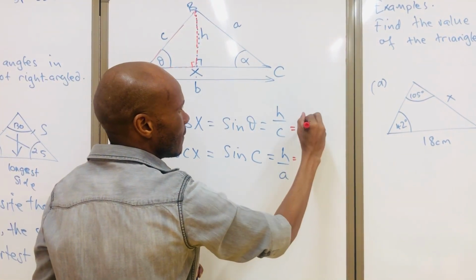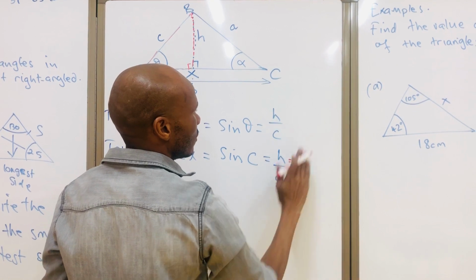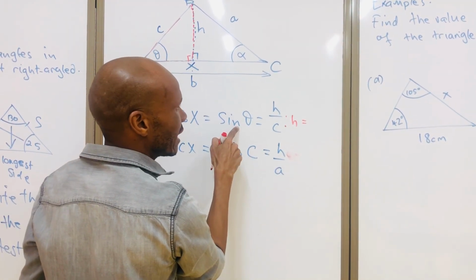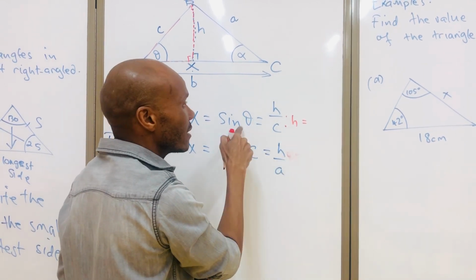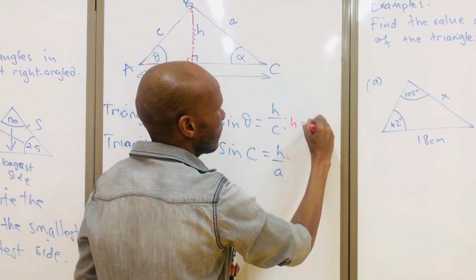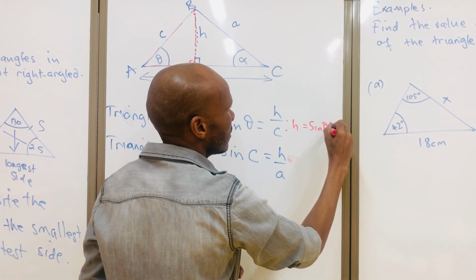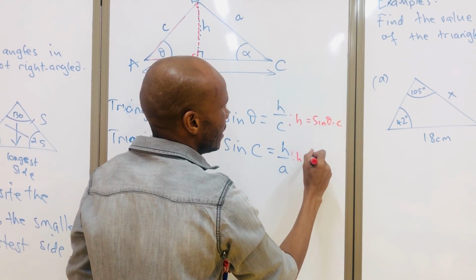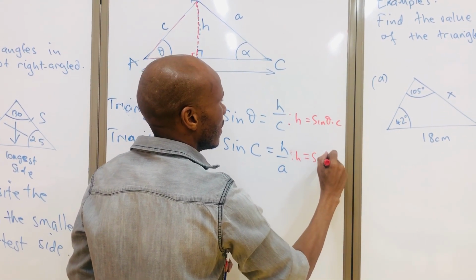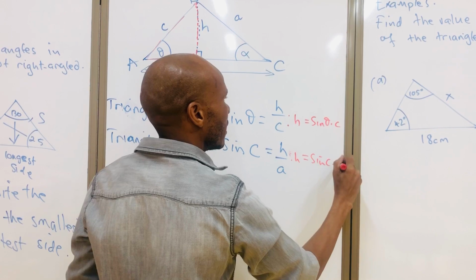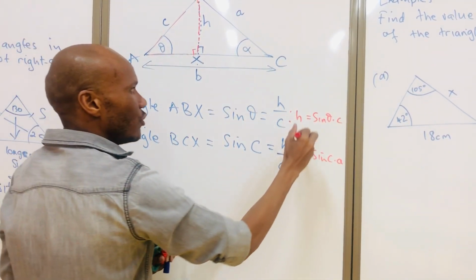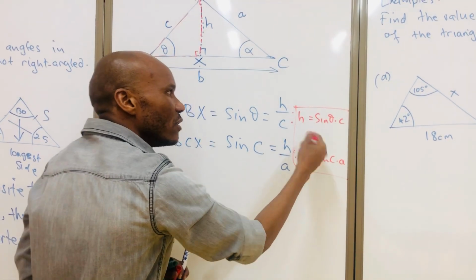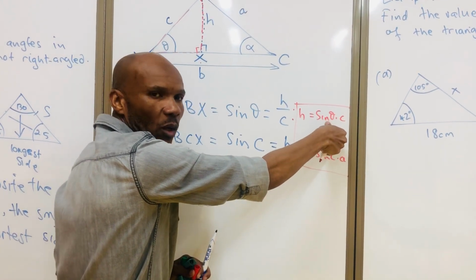So h here will be equal to sine theta multiplied by c. And then h here will be sine C multiplied by a. Now you see that they are both equal to h, so that means they are equal also.